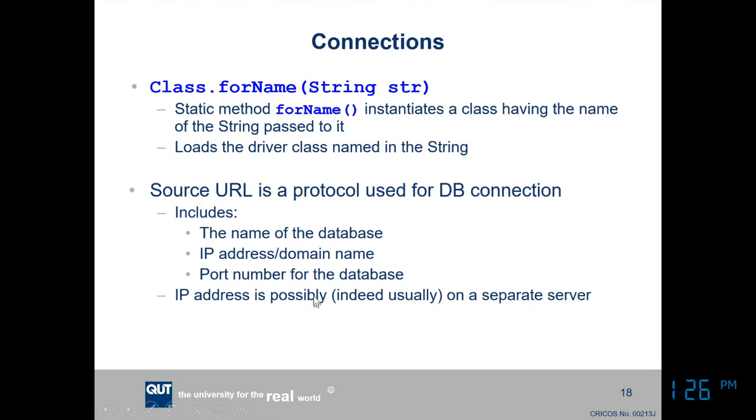If you have computers that are named, you can usually just give that name instead. It will be looked up via name server lookups as per usual. And this could be either the same machine or a machine on a different server, as long as you've got things like firewalls set up to allow connections.